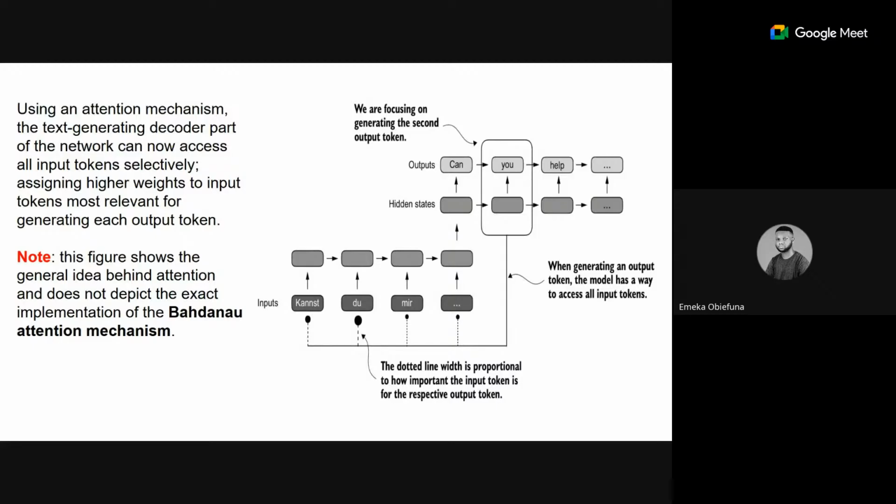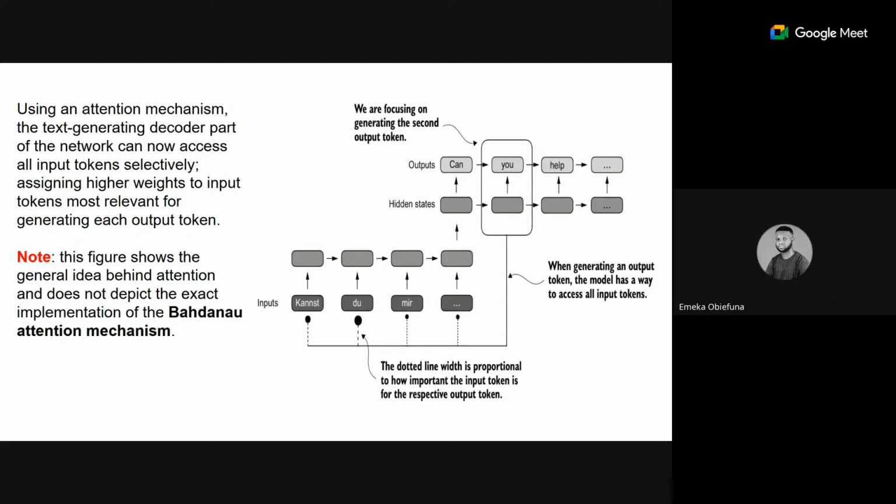So this picture then tries to sum up what I've just pointed out. With this in mind, you still have your encoder side of things, and you also have your decoder side of things. But then what's been introduced is that there is now a way for us to be able to access the input tokens that the encoder has seen without having to struggle much.